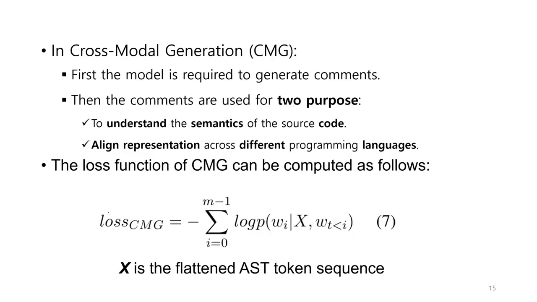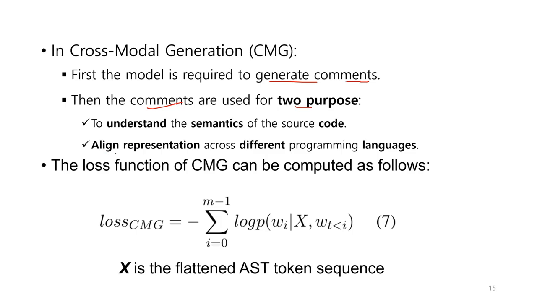For cross-modal generation, the model is first required to generate comments from the actual source code input. Those comments are then used for two purposes. First, to understand the semantics of the source code, because the comments are taken from the same source code.